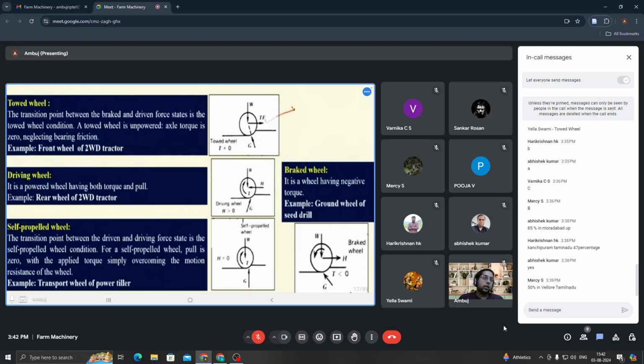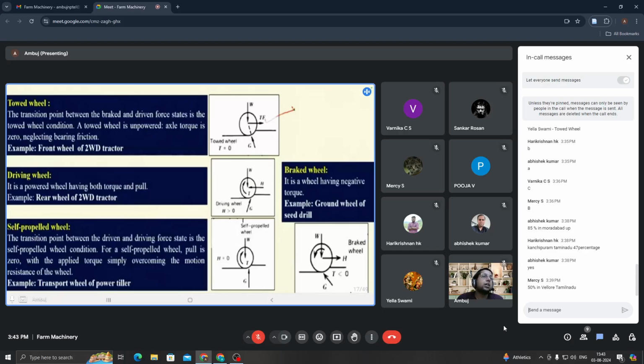If I take the example of the rear wheels of a two-wheel drive tractor, here I am talking about the two-wheel drive tractor, the rear wheels will always have a positive torque. They have to be able to generate torque, positive torque, in order to propel in the forward direction.